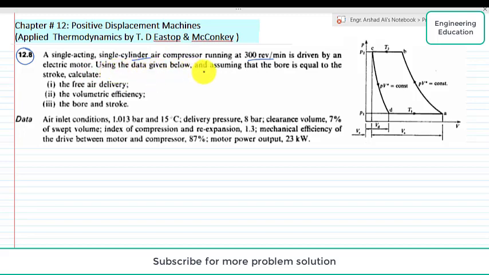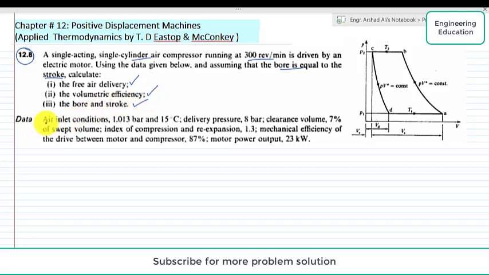Using the data given below and assuming that the bore is equal to stroke, calculate the free air delivery, the volumetric efficiency, and the bore and stroke.